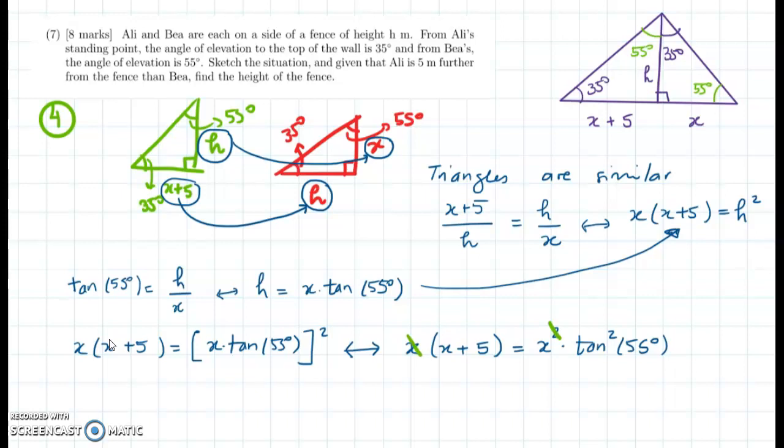And we can do that because we know that x is not 0. And then you have to find what is the value of x from this equation. And if you have the value of x, you can come back to the equation with h to find what h is. I'm going to let you do it alone because it's not as hard as it was in the cases 1 and 2.